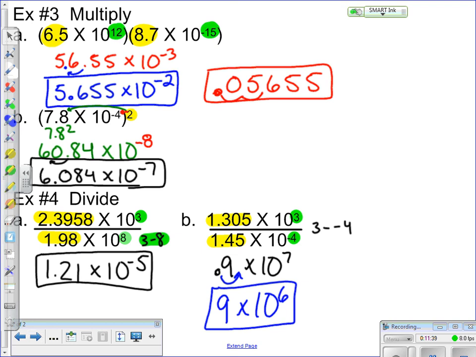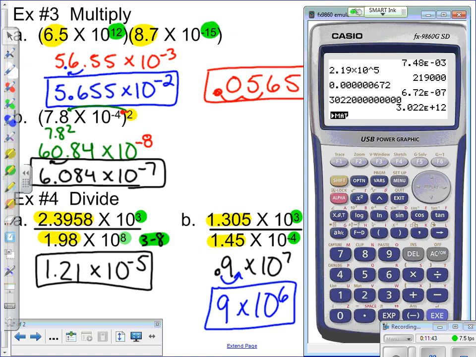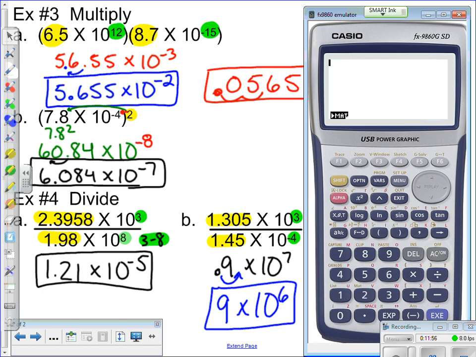So let me get the calculator back up. Okay, that's clear. So the very first one, parentheses, 6.5 times 10 caret 12, close parenthesis.